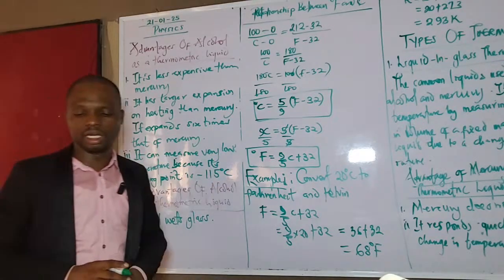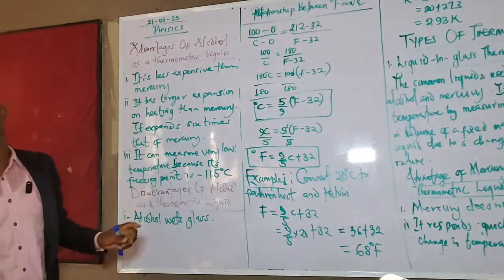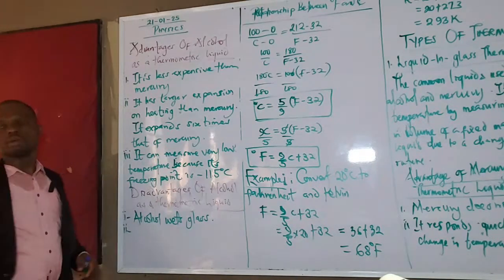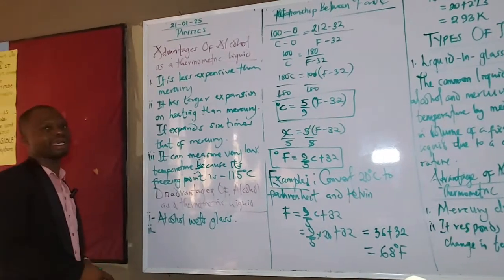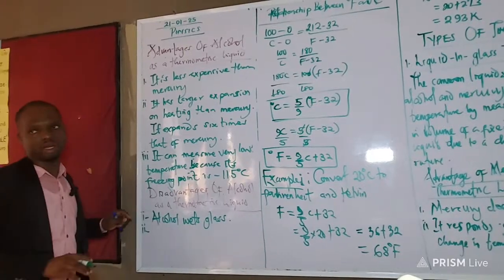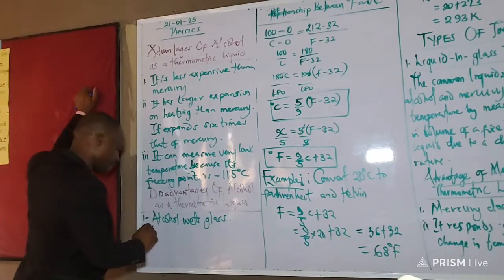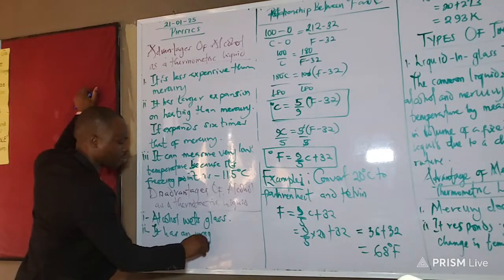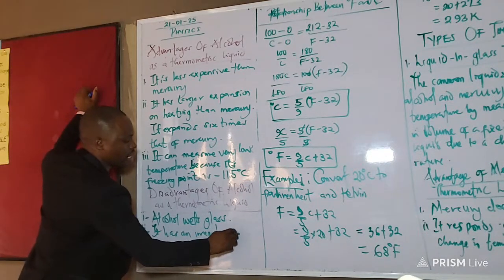Another thing we can say is that it has an irregular expansion. Though it expands 6 times more than mercury, its type of expansion is irregular.